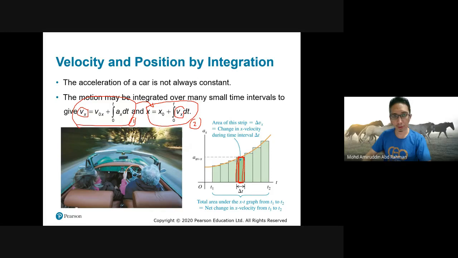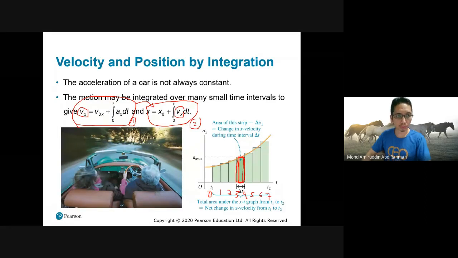So when that happens, your equation over here will change. Now let's say this is time 0, and then this is time 1, 2, 3, 4, 5, 6, and 7.